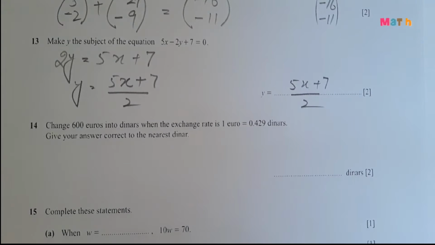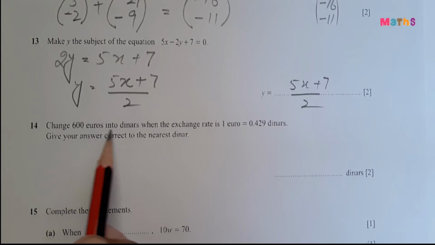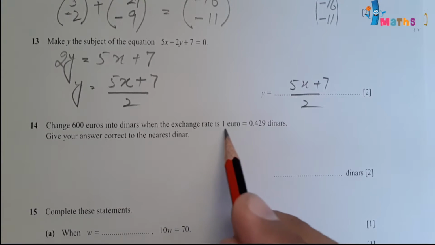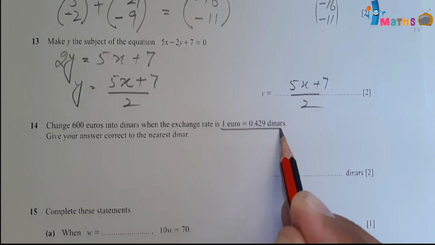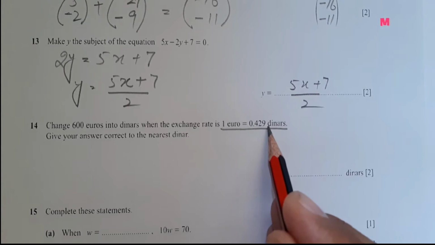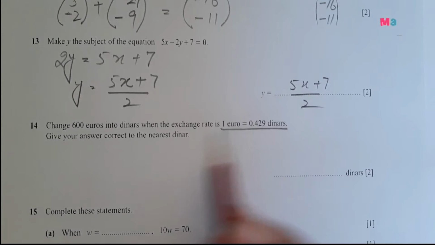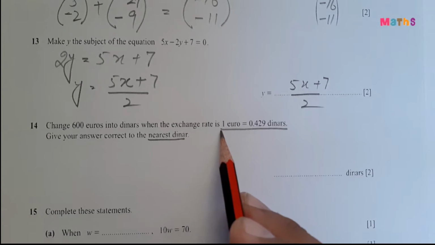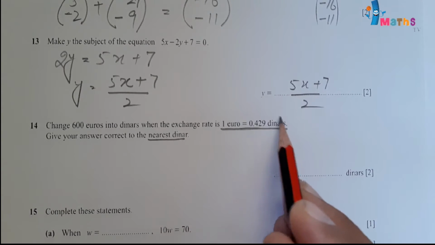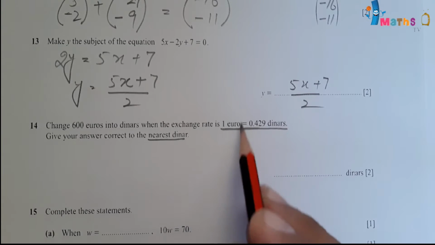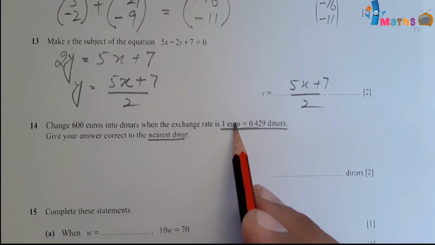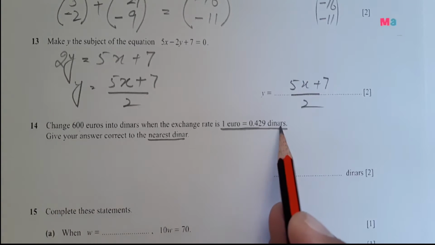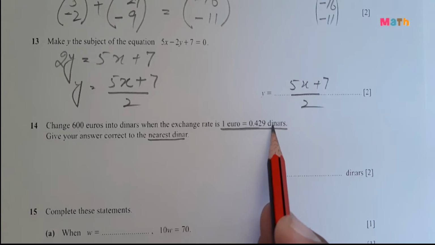Question number 14. Change 600 euros into dinars when the exchange rate is 1 euro is equal to 0.429 dinars. Give your answer correct to the nearest dinar. So if we check, dinar is heavier currency than euro, so we are converting from lighter currency to heavier currency.